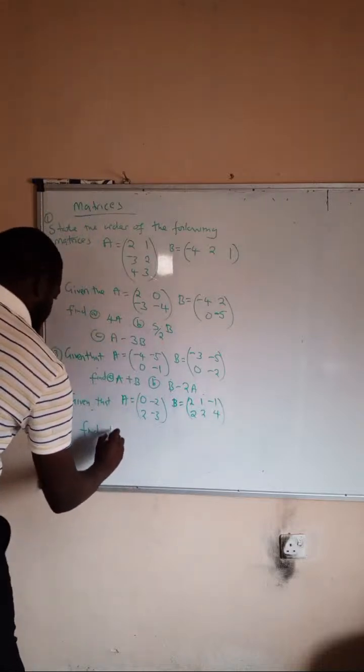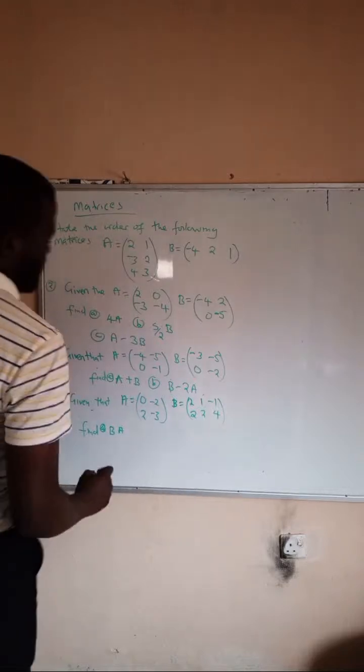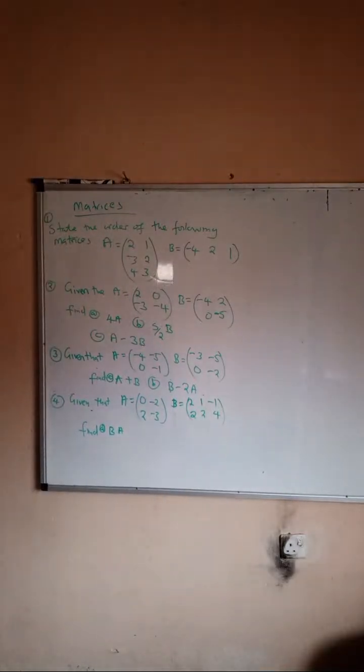Find BA. I think those are enough for now. We'll deal a little bit more with multiplication later. We'll end here.